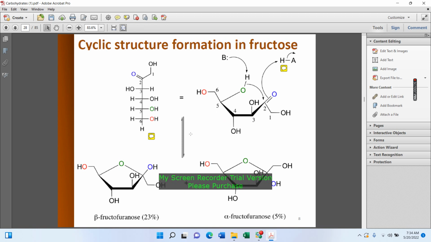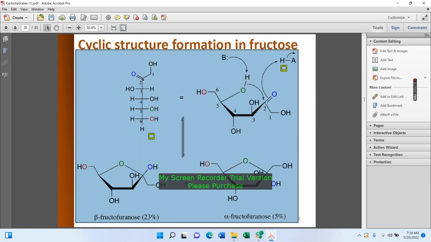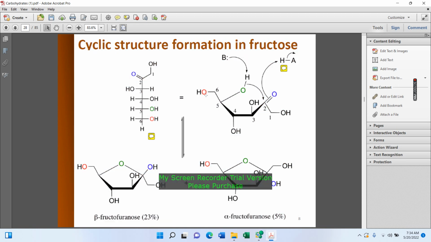This is a reversible reaction, and it will form these two types of molecules, in which the newly formed hydroxyl group, I mean this oxygen over here, forms this hydroxyl group, and the first one is the carbonyl oxygen in this ketose group. When this hydroxyl group is upward, it's called beta-fructofuranose. When it's downwards, we call it alpha-fructofuranose.